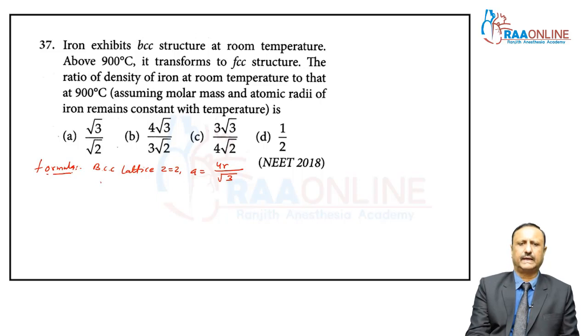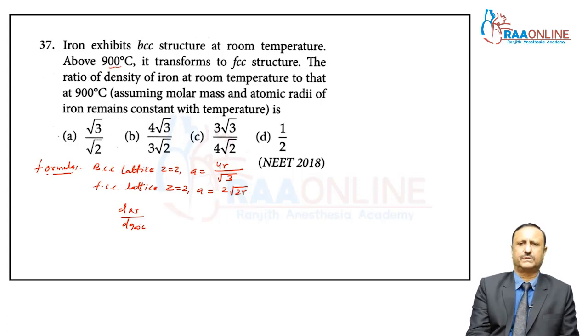Now we can take the FCC lattice. Here in FCC lattice, Z is equal to 2 and A is equal to 2 into 2R. Now, my dear students, we can see the formula: density at room temperature upon density at 900 degrees Celsius.